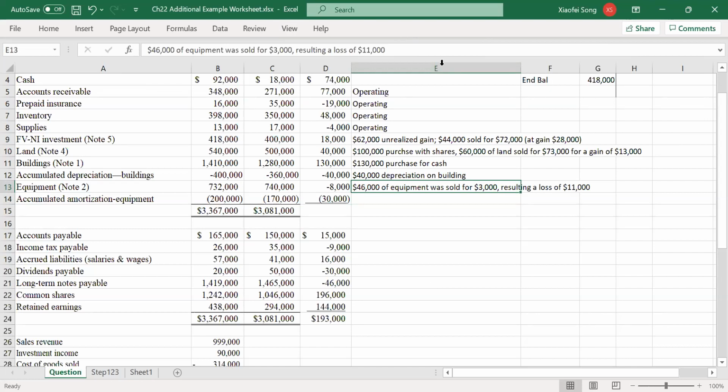Okay, so the purchase must be 38,000, right? So 38,000 of new equipment was purchased.